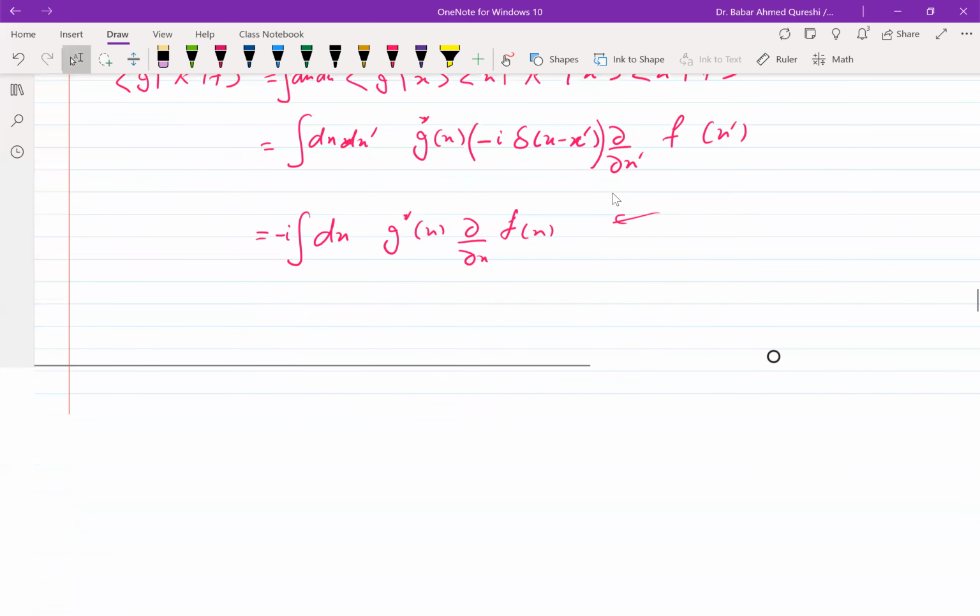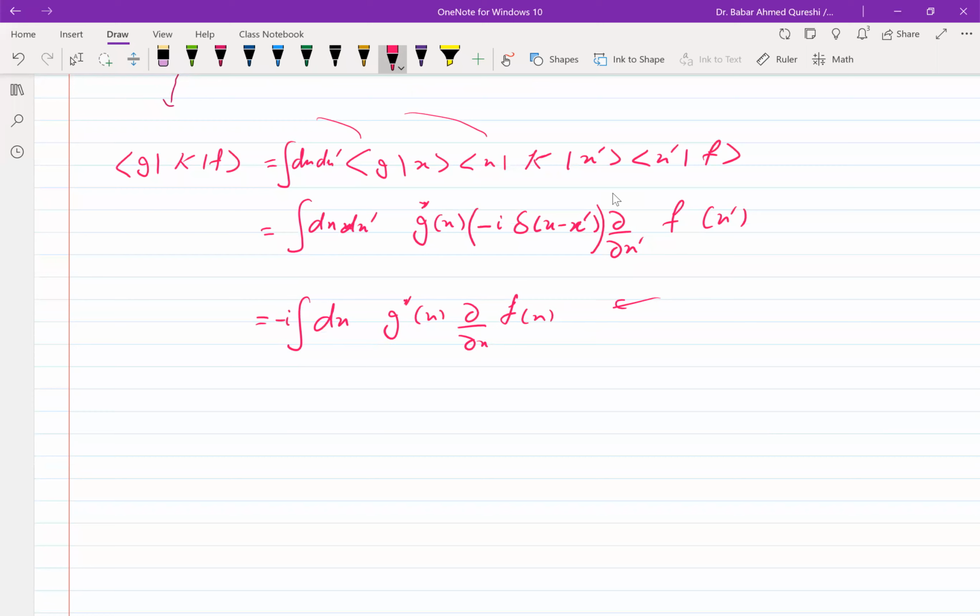If you are given this kind of matrix element, this operator K sandwiched between two vectors, you just say that I'm directly working in the x basis. And in the x basis, g looks like g of x. And since it's a bra, I put in the star.